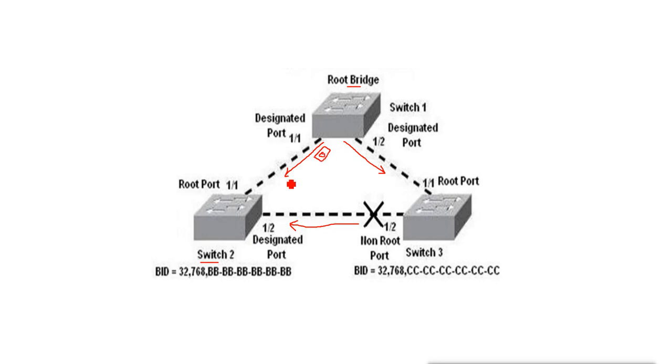Now when it reaches switch 2, what will it do? It will add its own port cost. This port here is 100 Mbps, so it will add 19 to the cost sent by the root bridge, so 0 plus 19 becomes 19.